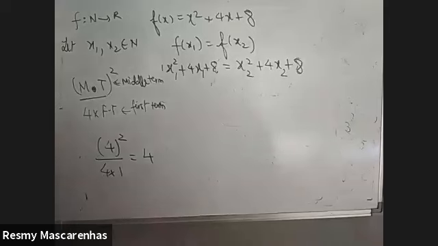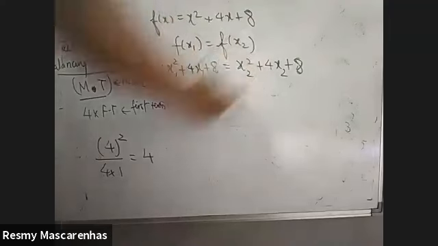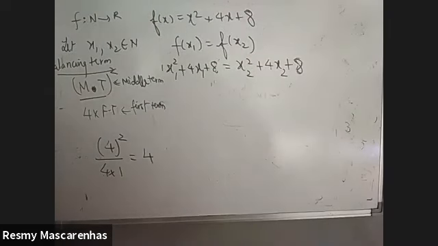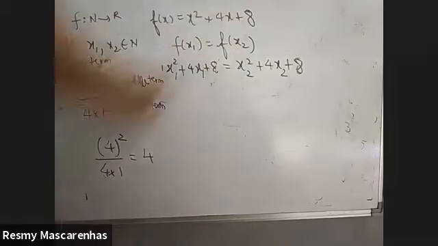So your balancing term, this is in order to find balancing term, is 4. Why am I doing this? Because directly you cannot cancel x1 and x2, and my aim is to show that x1 is equal to x2. So this is the only way you have to solve, okay, whenever it is a quadratic equation.